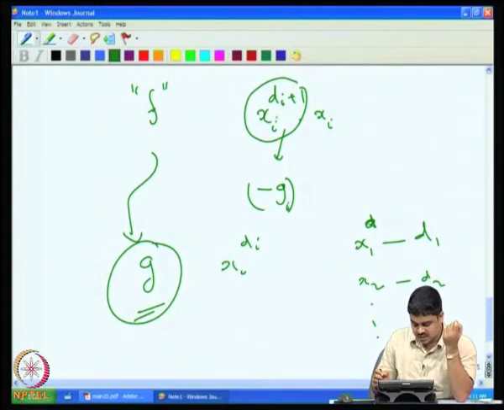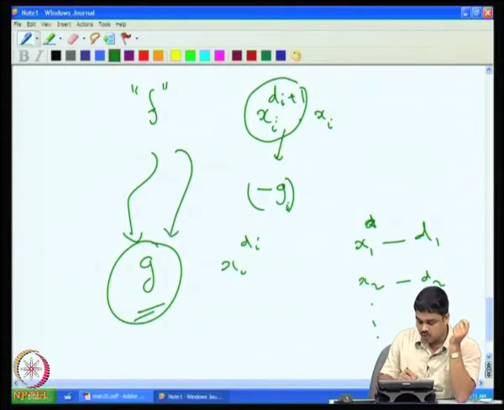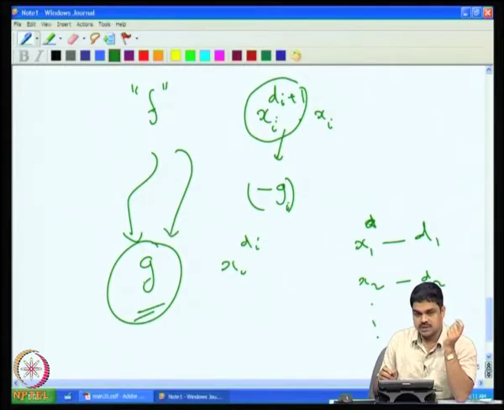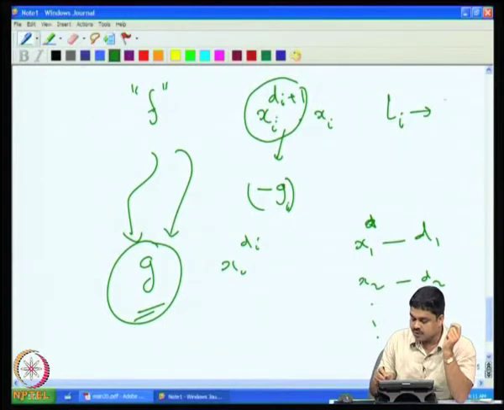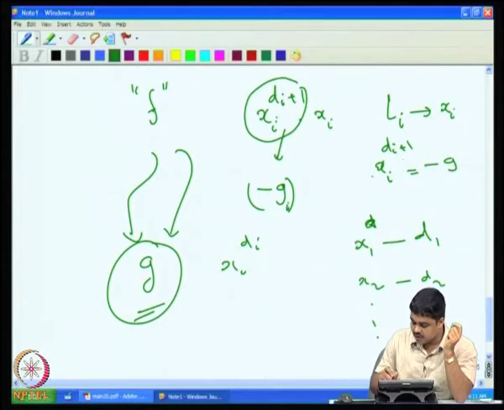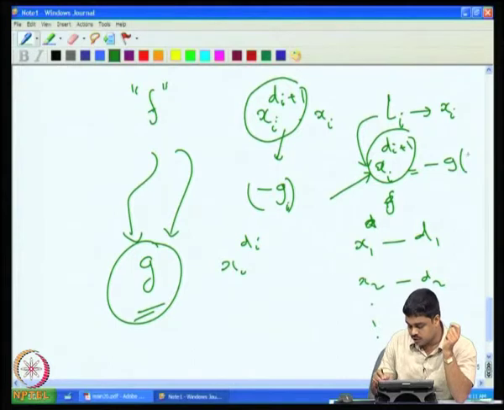The second point is that we only need to worry about this new polynomial g as far as substitution of values from the list Li for xi is concerned, because we are always substituting xi to the power di plus 1 with minus g. If we substitute any value from Li for xi, that value will be equal to gi of t also.